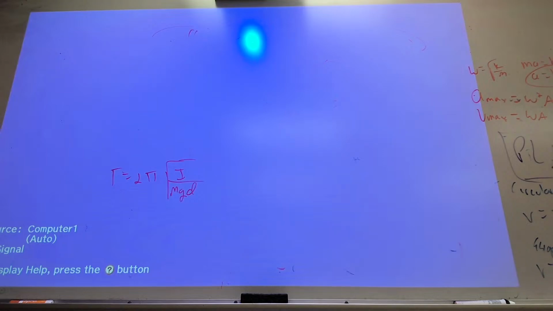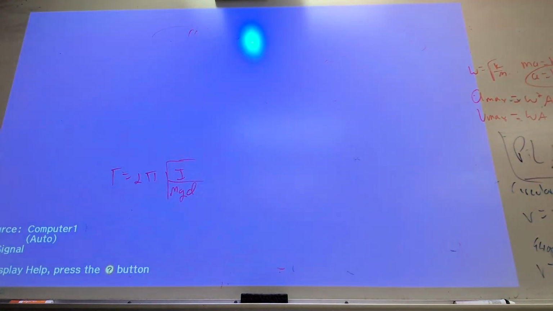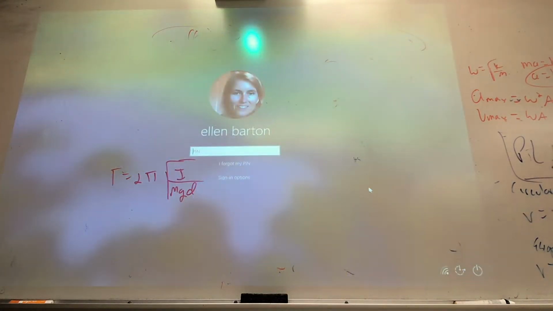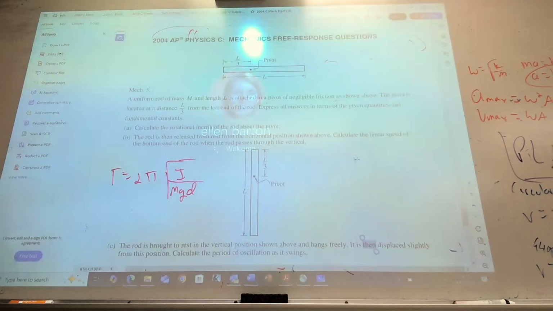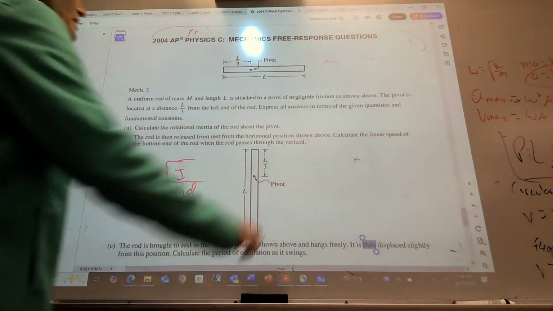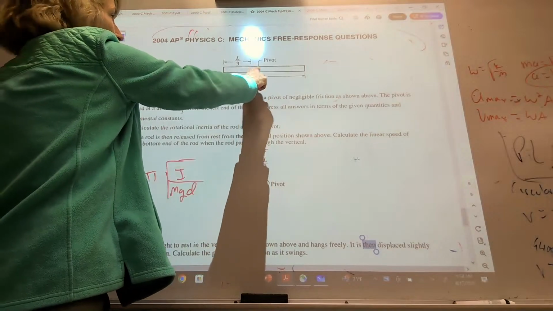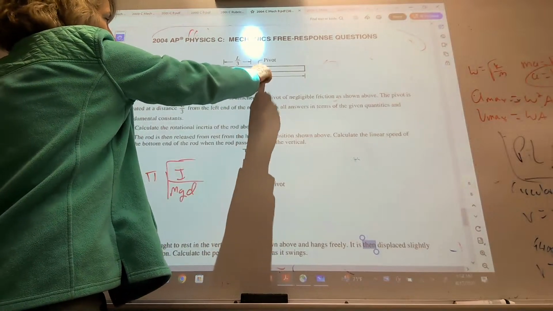Did you get it? The distance for the oscillation is, again, what part of this is oscillating? It's the distance from the pivot to the center.